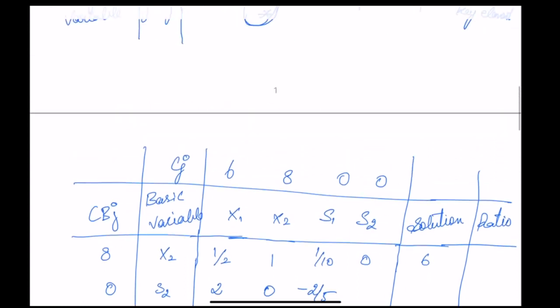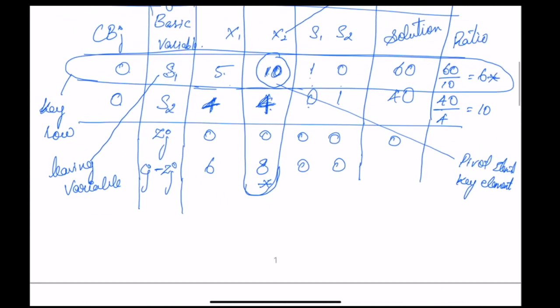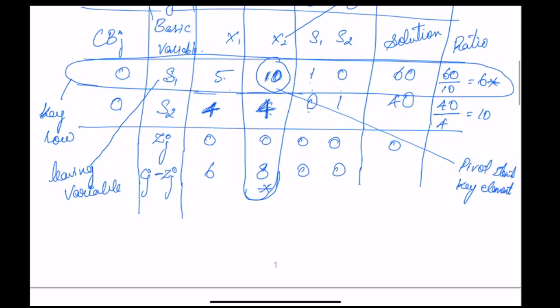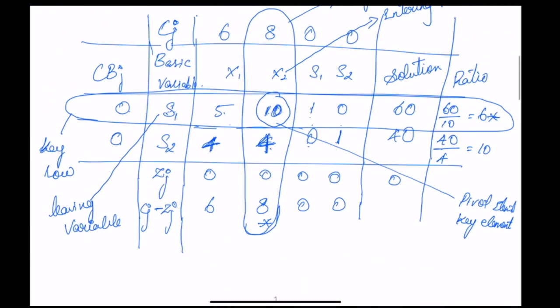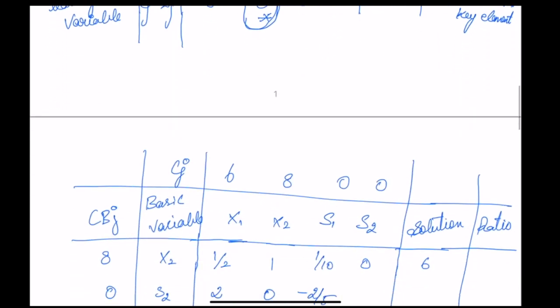The last, in the technological coefficient, the last value is 1. We are going to find out the new value for the old value 1. The corresponding column value is 0 and the corresponding row value is 4.